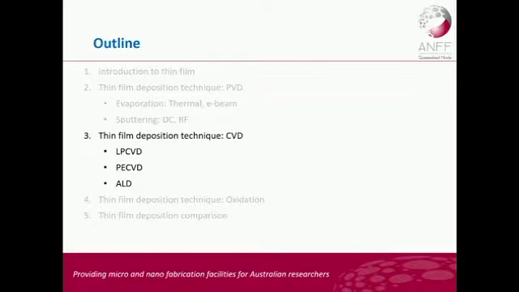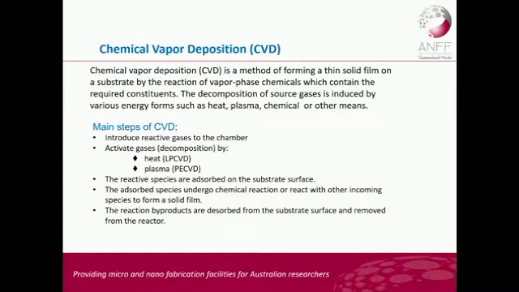So next we will move to CVD process. CVD process is totally different from PVD process. In the chemical vapor deposition process, we use chemical reaction. It's a method of forming a thin film on substrate by reaction of vapor-phase chemical, which contains required constituents.